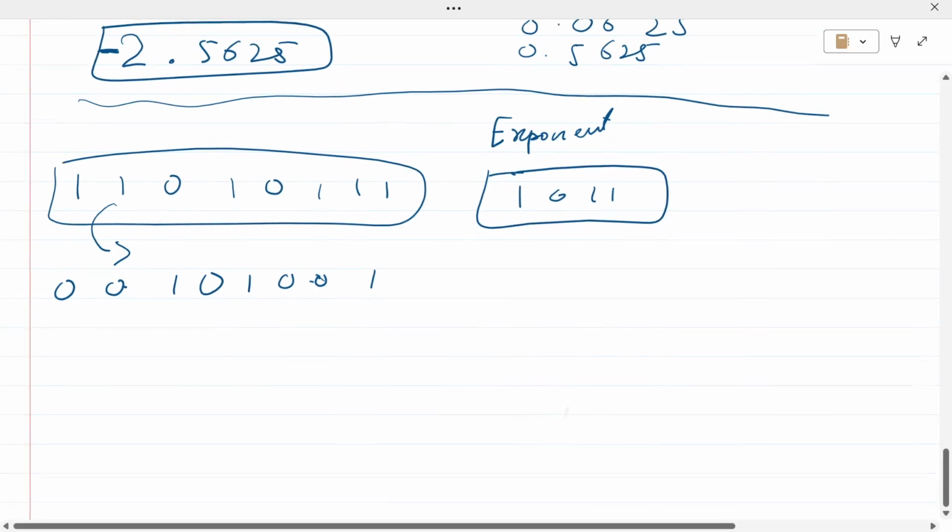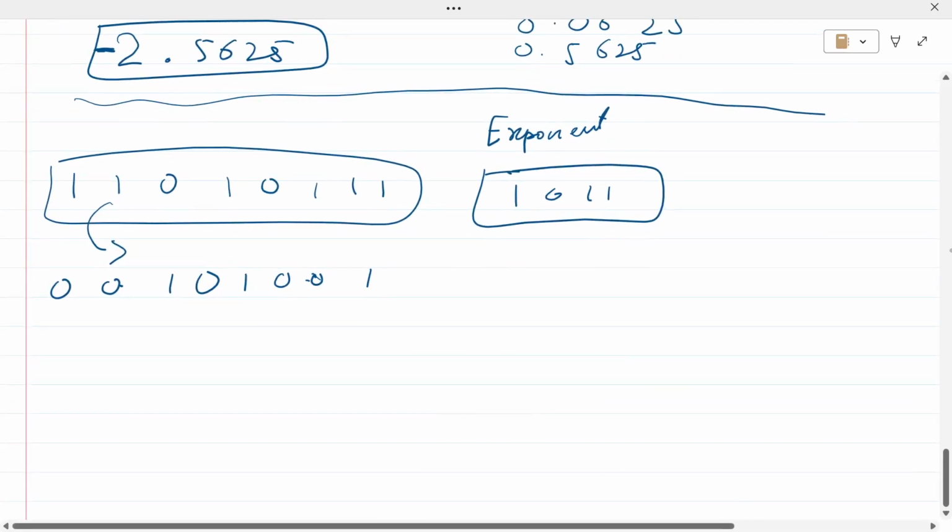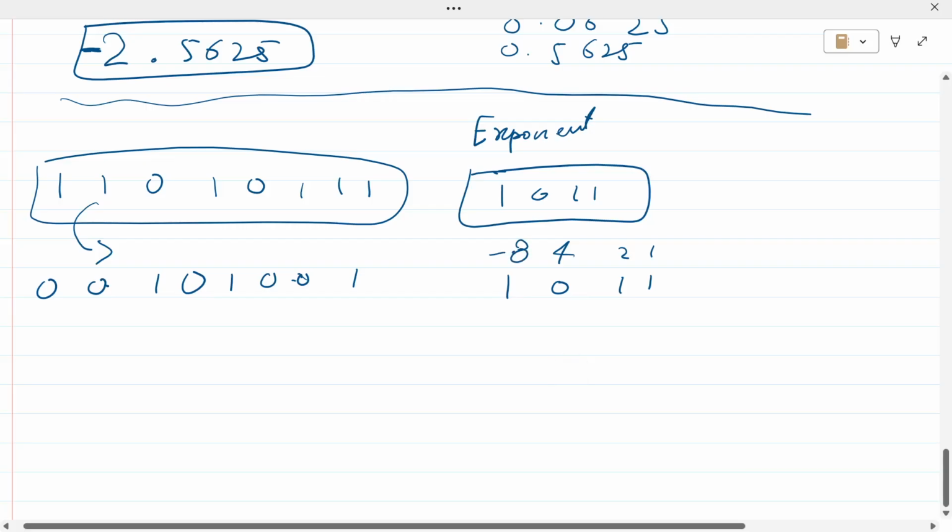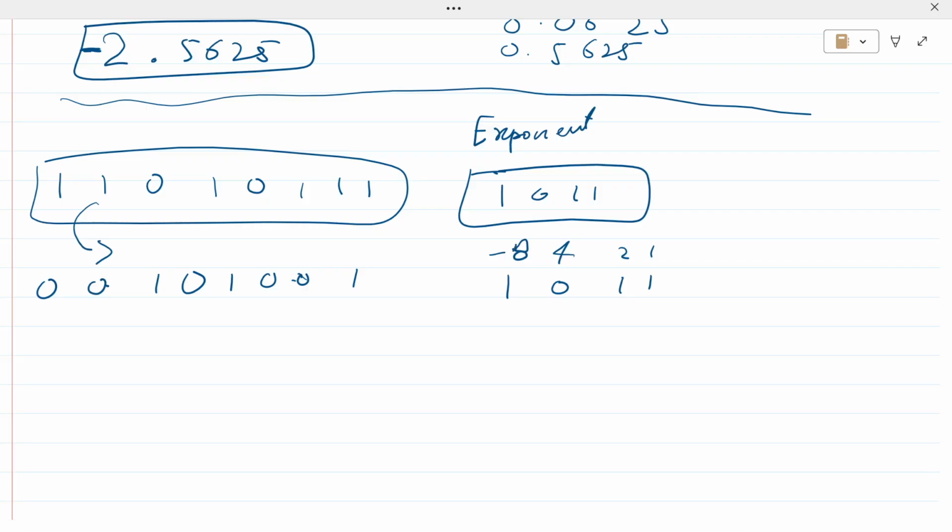Pardon me for that. Now look, let's say in this case our exponent is negative. So how do you convert that? This is going to be 1, 2, 4, and a negative 8 this time. You want to know why?